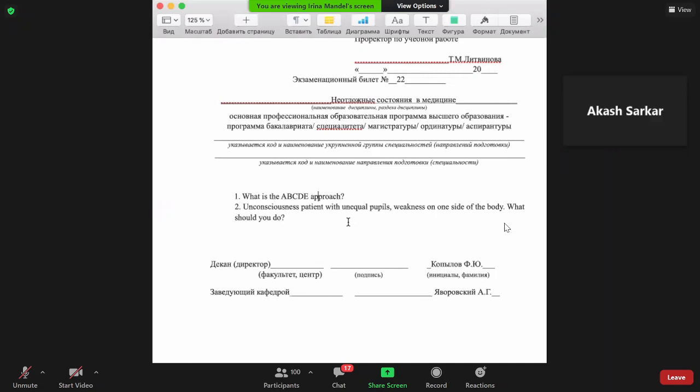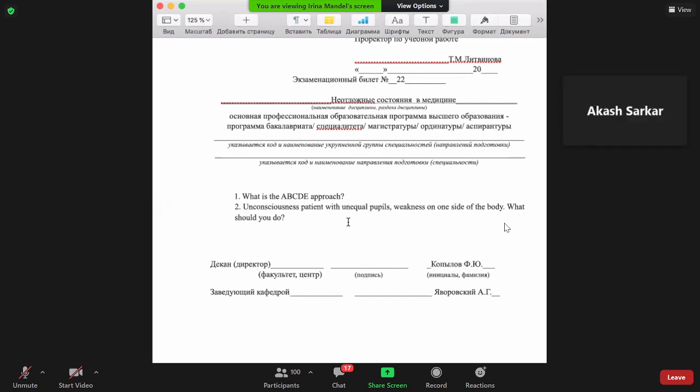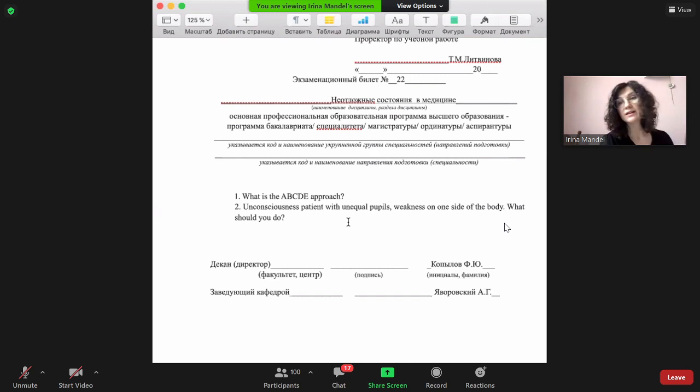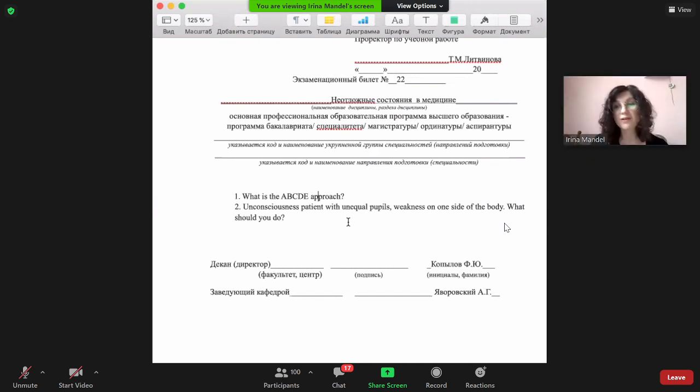But you see asymmetry of the face. Yes, it could be weakness on the lips or eyes. Like facial palsy. But not on the body. But when you check the reflexes, you will find maybe weakness of some reflexes from the one side of the body.